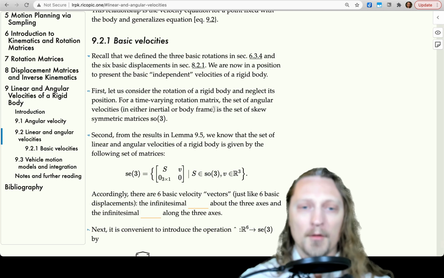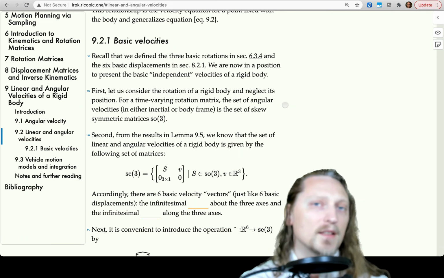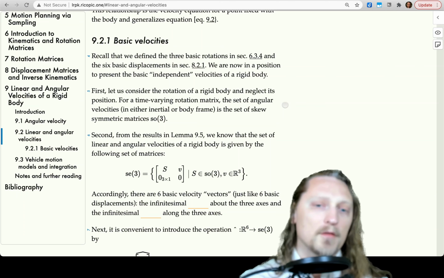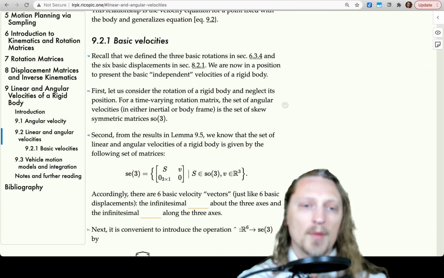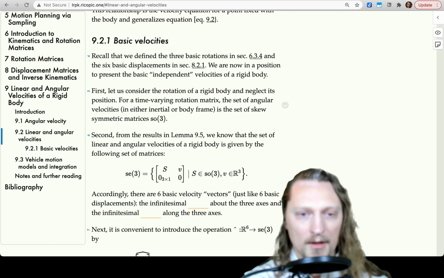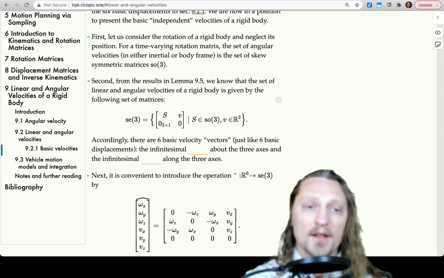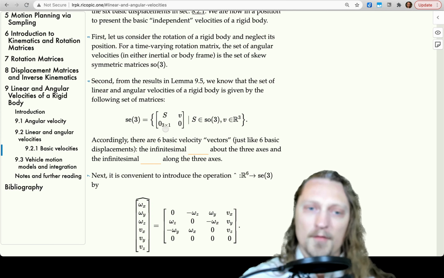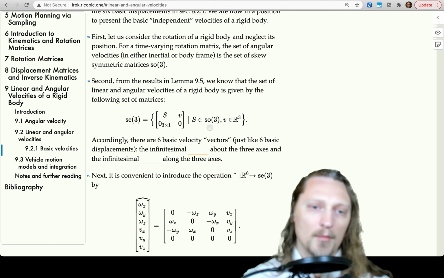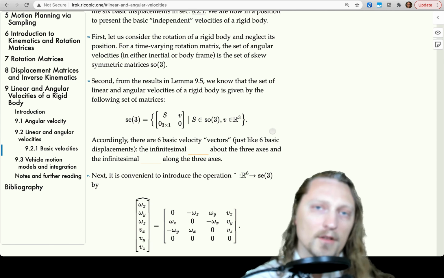For a time-varying rotation matrix, the set of angular velocities in either inertial or body frame is the set of skew-symmetric matrices, so(3). Second, from the results in Lemma 9.5, we know that the set of linear and angular velocities of a rigid body is given by the following set of matrices: the special Euclidean group se(3), where we have matrices of this form, where S is a skew-symmetric matrix and V is a vector in R3.